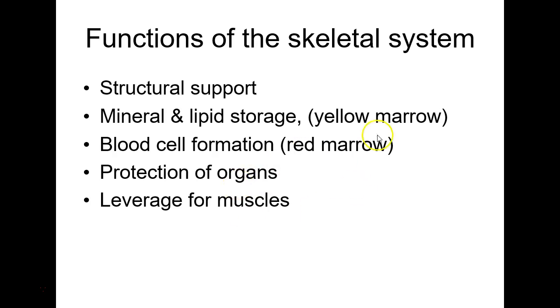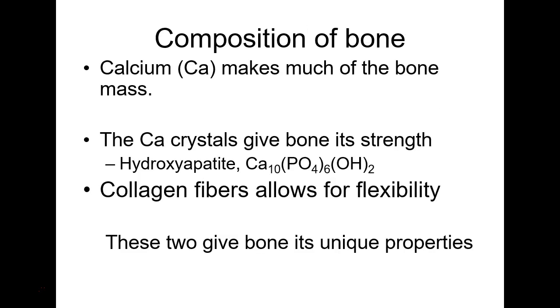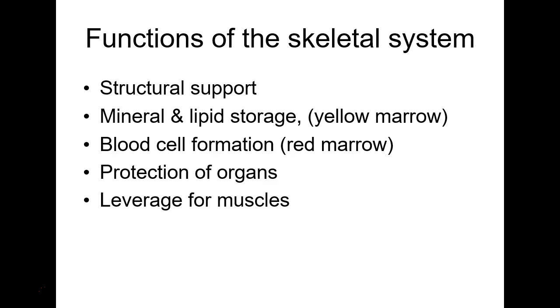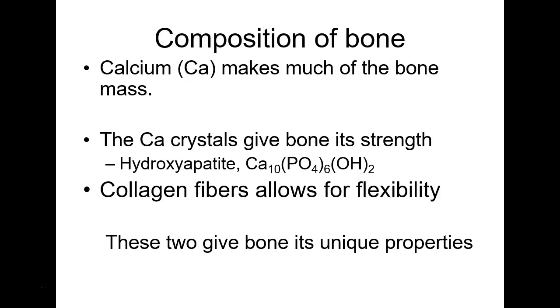Same thing with your skull. It protects the brain. Leverage for muscles. So these are points of attachment for your muscles attached to your bones, obviously, your skeletal muscles, hence the name skeletal muscle. And so those muscles can move your skeleton.